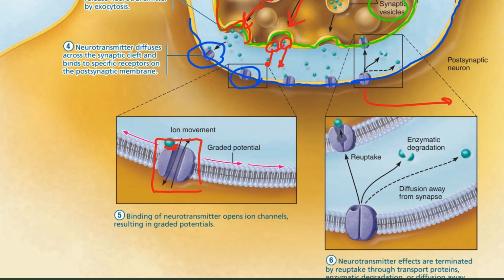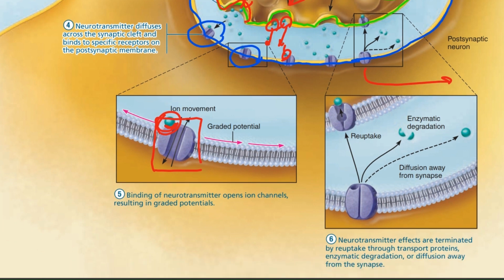So these neurotransmitters will go and bind to these receptors here, will bind here. So this will cause these channels to open, resulting in graded potentials after certain movement of ions between outside and inside of the postsynaptic neuron. A graded potential will happen. Okay, and we can talk about the ionic movement in another video.